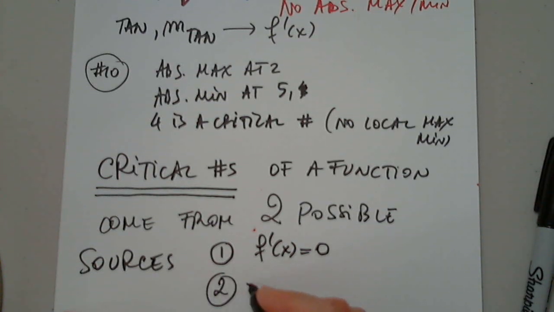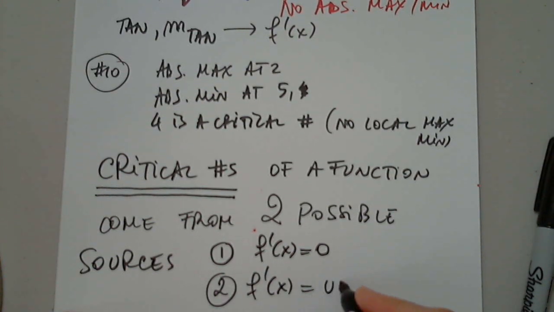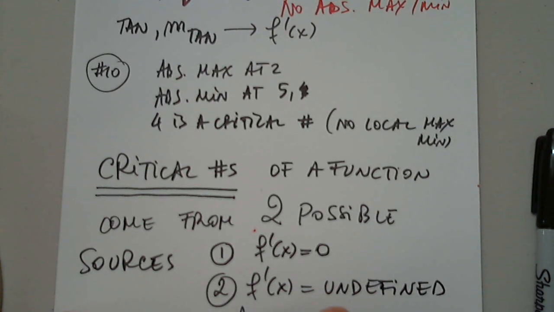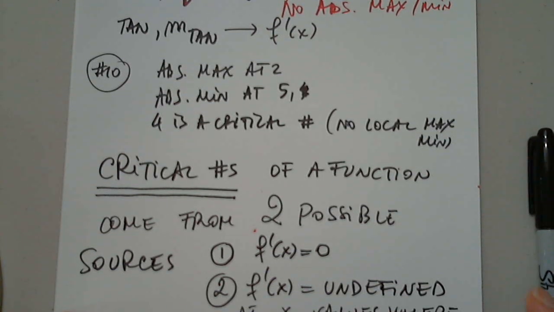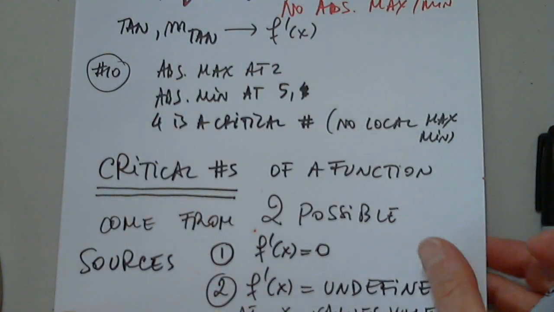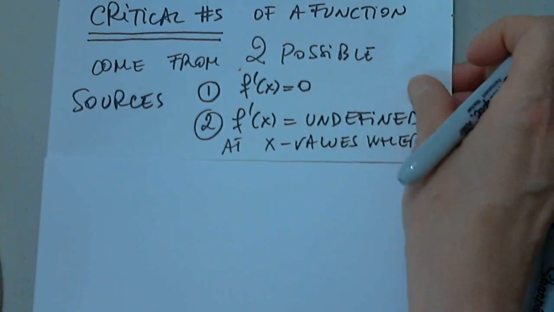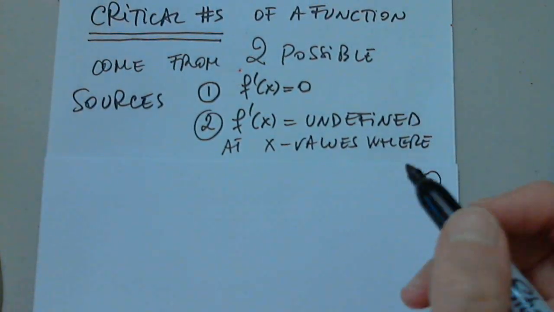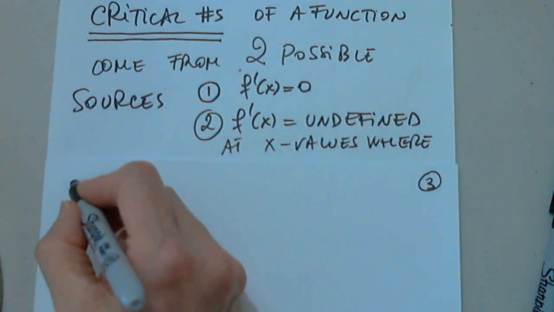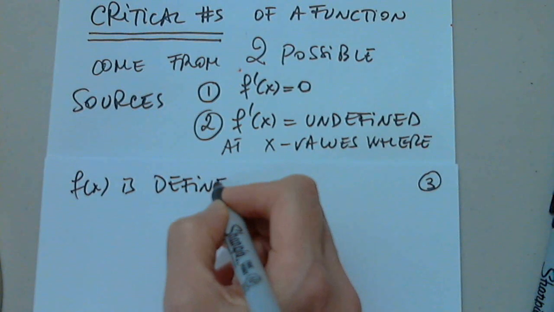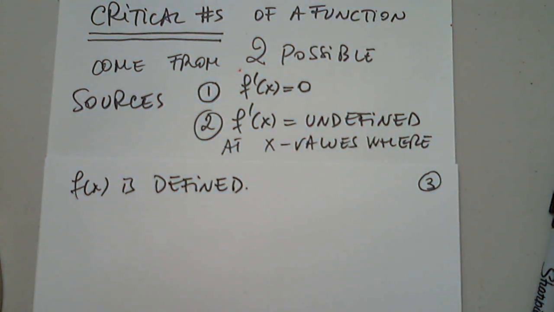Source number 2, f prime of x is undefined at x values where f of x is defined. I'll explain all of this. I just have to write it first so you have it in writing. X values where f of x is defined.